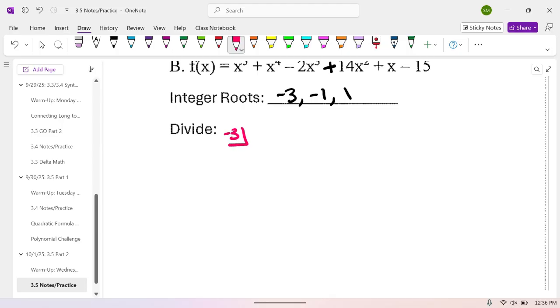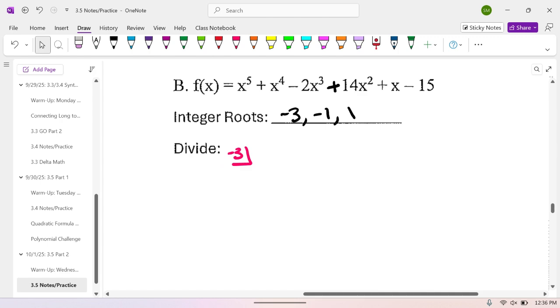So Caden, what would I write across the top? What numbers would I write here for my synthetic? We got the roots, but the numbers, remember, come from this function. So x to the 5th, 2x. We only need the numbers, so coefficients in front of them.